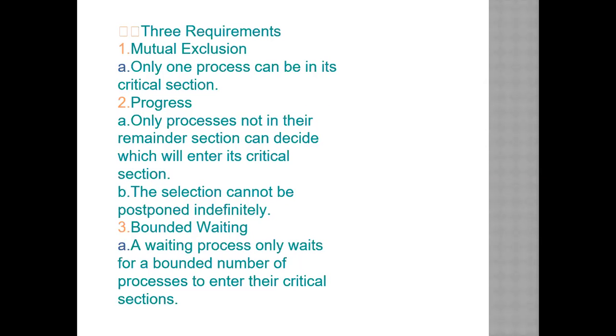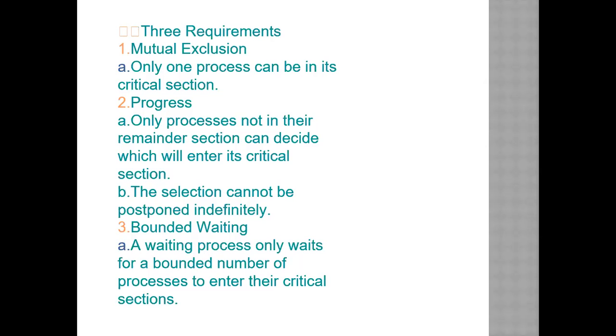The second is progress: only processes not in the remainder section can decide which will enter the critical section. When n number of processes are waiting for a critical section, we have to analyze which process should go for it.